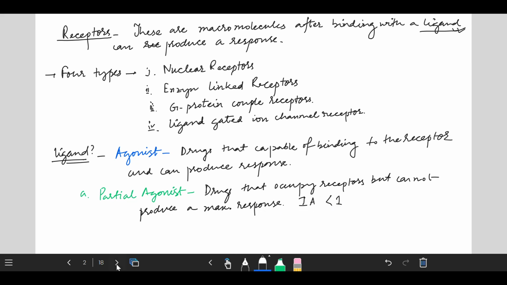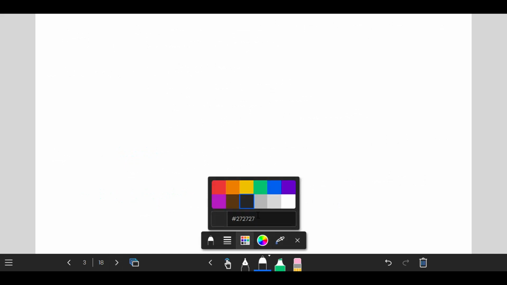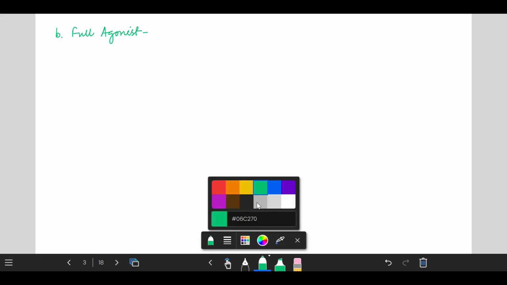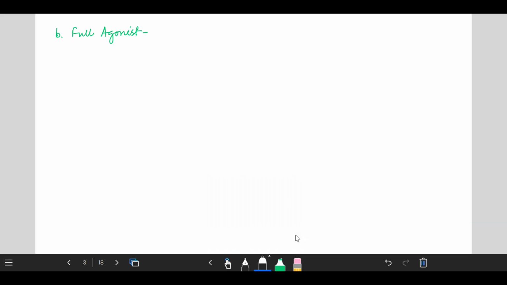Okay. Now, the next type of agonist is full agonist. Now, what is full agonist? These are the drugs that occupy receptors to cause a maximum activation or maximum response.